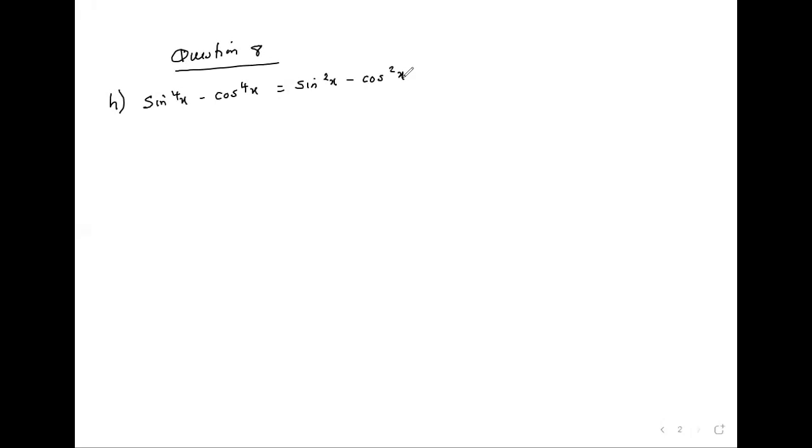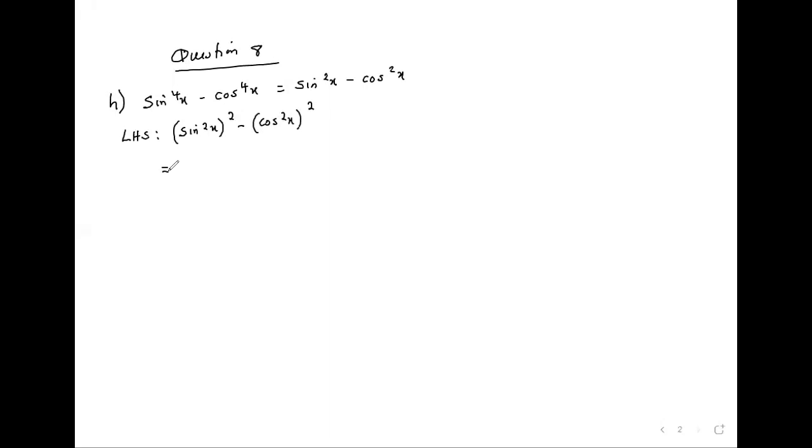Okay. Since we know that we can write, let's start with the left-hand side. We can write sine 4 as sine squared x power 2. We can write cos 4 as cos squared x power 2.